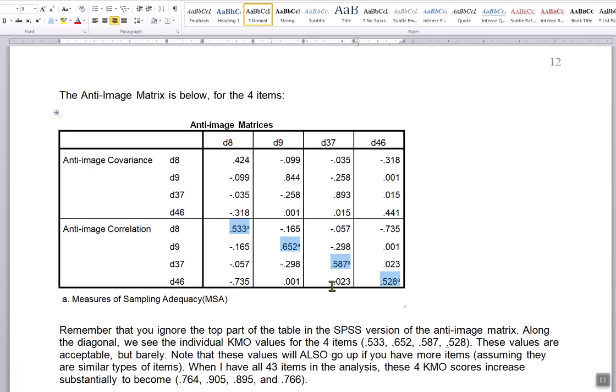And then the off-diagonal elements, those are the anti-image scores for the items. And you can see that this one is too high, 0.735. So if either of these items, item 8 or item 46, does that with other items, then we might want to take a look at removing that item.